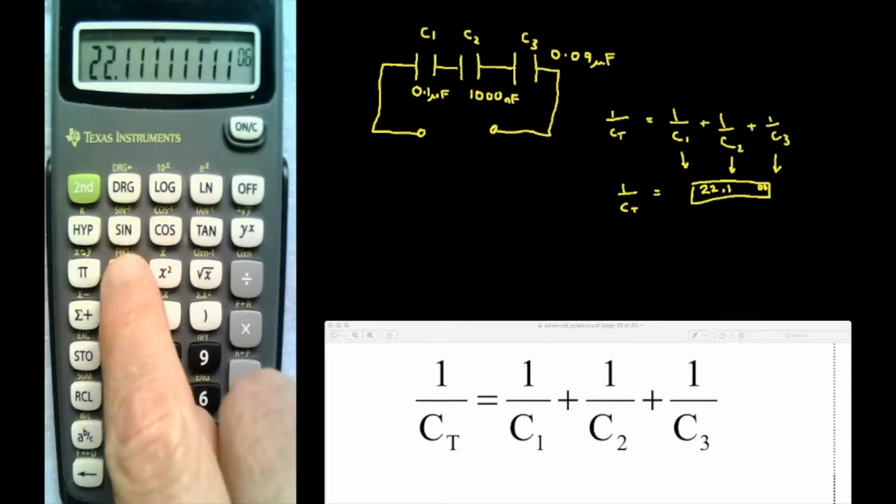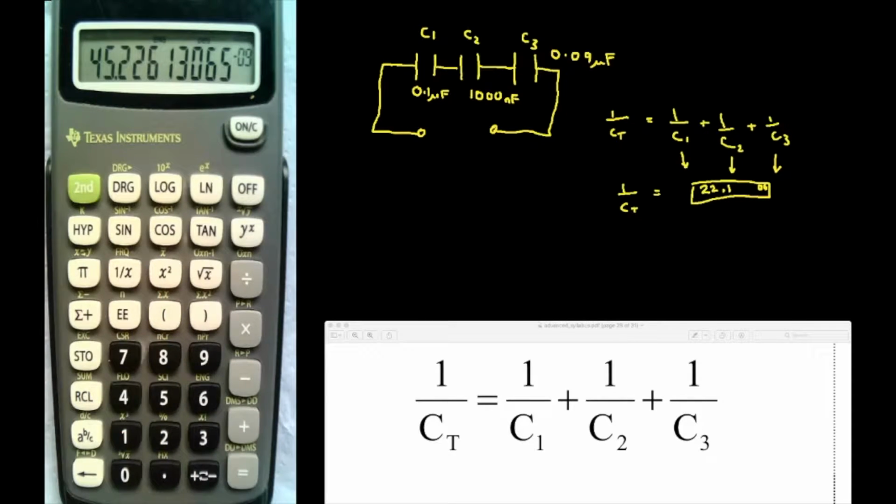So I press 1 over X, and I get 45.2 times 10 to the minus 9, or to put it another way, 45 minus 9 is nanofarads.